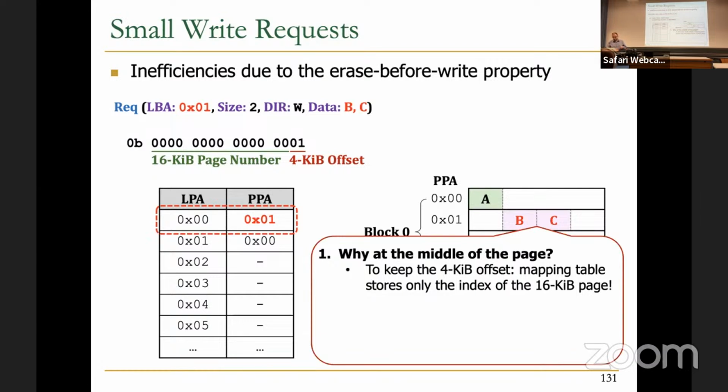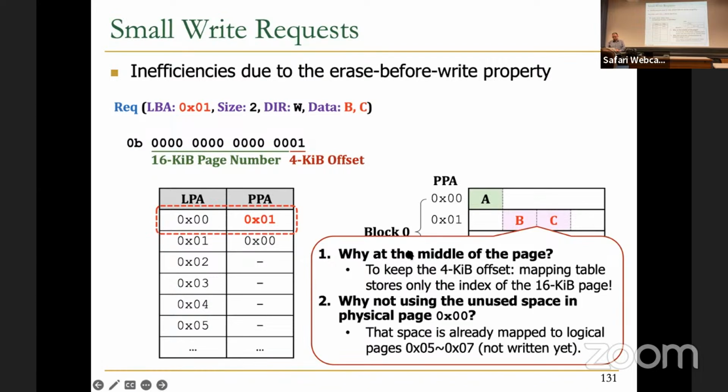We already discussed about it, to keep the 4 kilobyte offset. Another question is that why not using the unused space in the physical page 0? So the reason for that is that you have already actually allocated that space to logical block address 5 to 7.